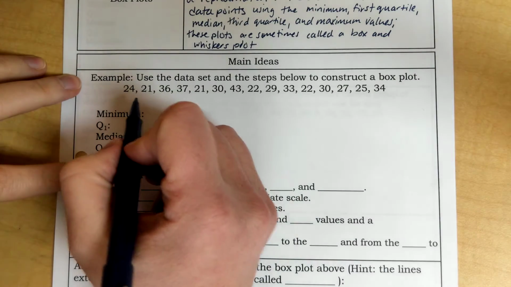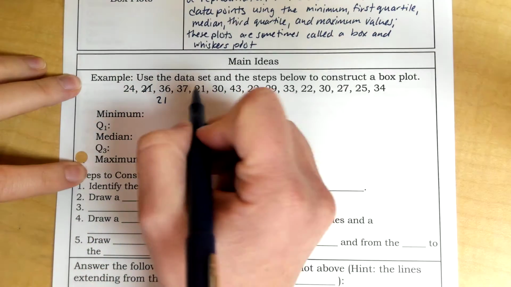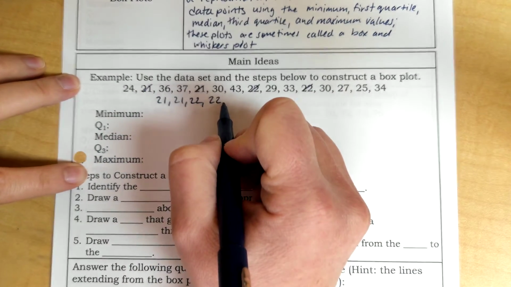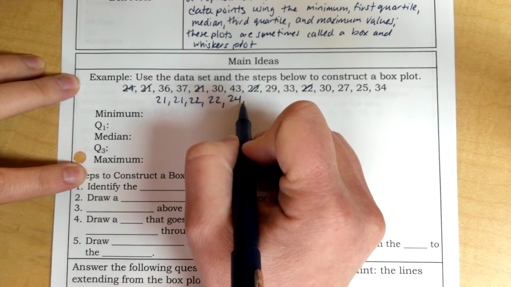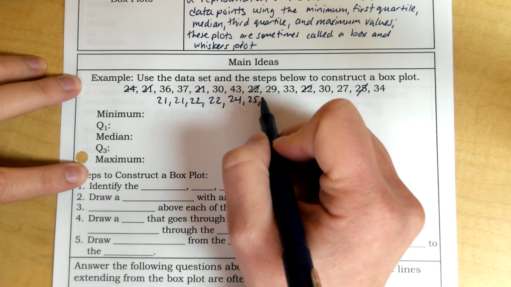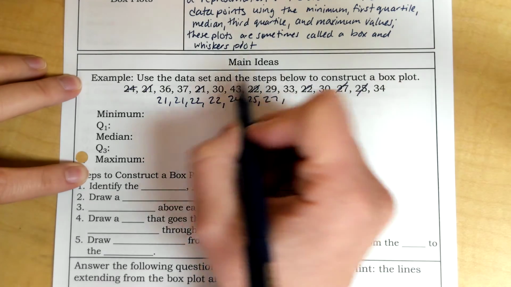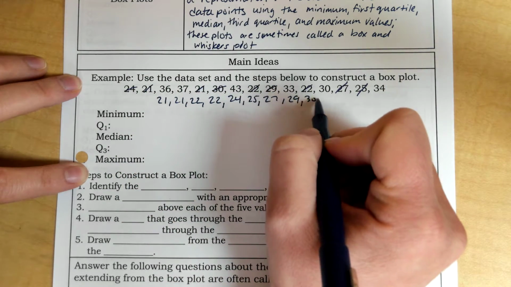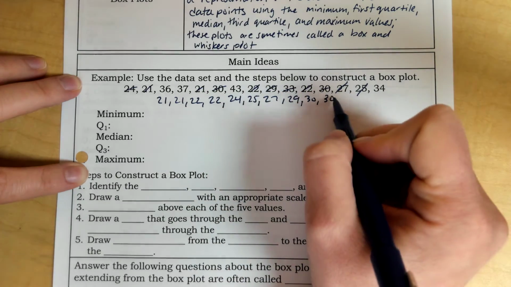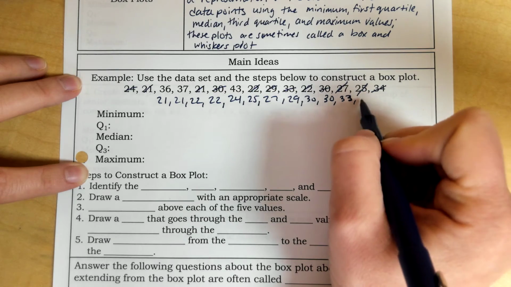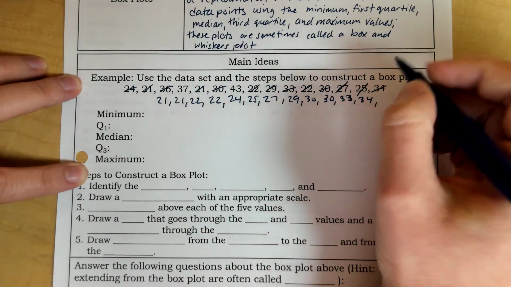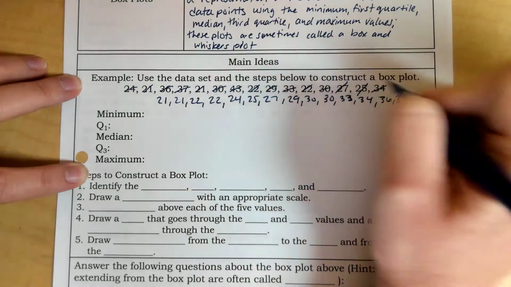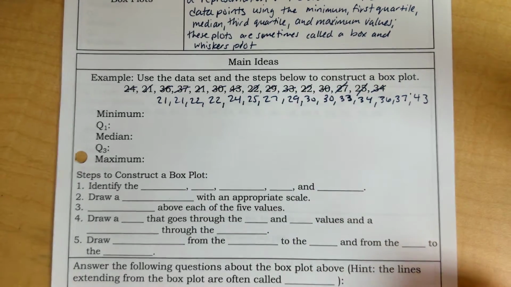So I'm going to start with my lowest value, 21, 21, 22, 22, 24, 25, 27, 29, 30, 30, 33, 34, 36, 37, and 43. Okay, so now it's in order least to greatest.